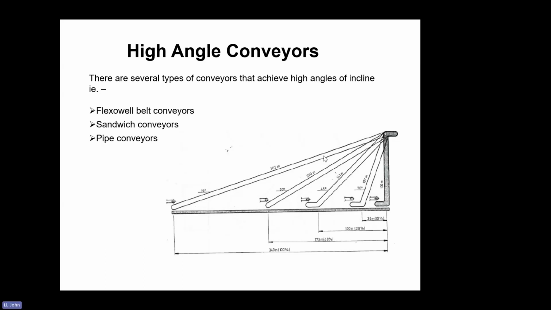If this is a belt conveyor lifting 100 meters, it needs to take about 350 meters. So why do we need a high angle conveyor? It reduces the length and footprint.